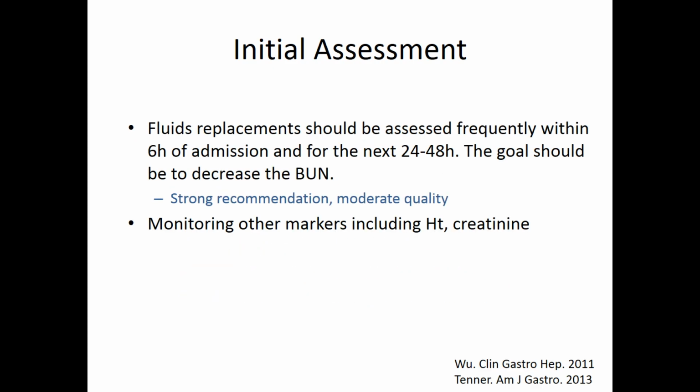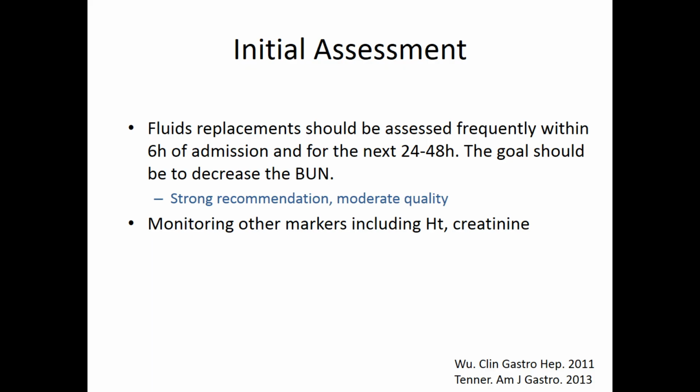You should assess your fluid replacement very regularly, at least every 6 hours for the next 1 to 2 days, and your goal will be to see the BUN decrease. You can also monitor your hematocrit and creatinine to make sure you're going in the right direction. If the patient becomes more hemoconcentrated despite hydration, you may need to increase it.